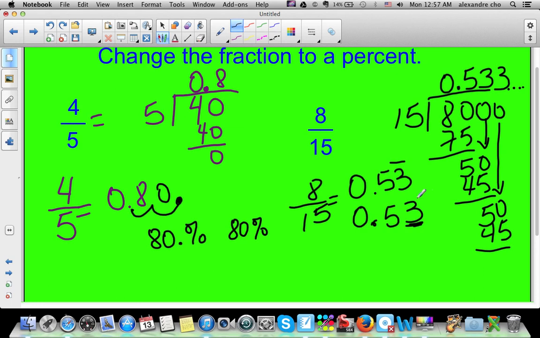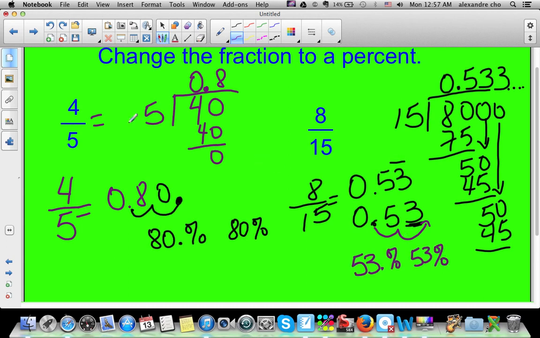Okay, you stop at the hundredth. So using 0.53, 8 over 15 is the same thing as 0.53, and if you want to change that to a percent, you move the decimal 2 spaces to the right, and it becomes 53 with a decimal, or just 53%.